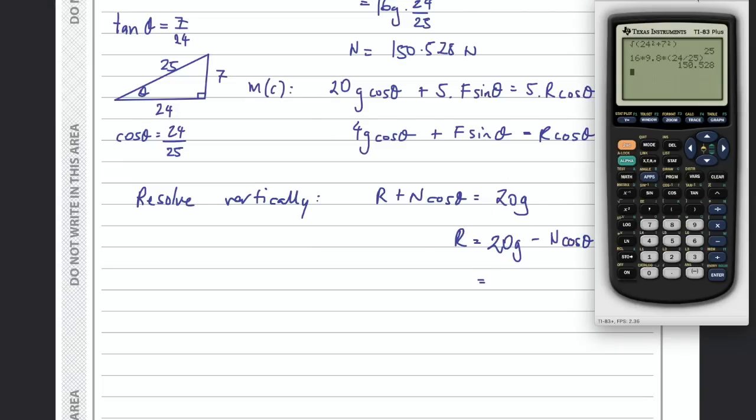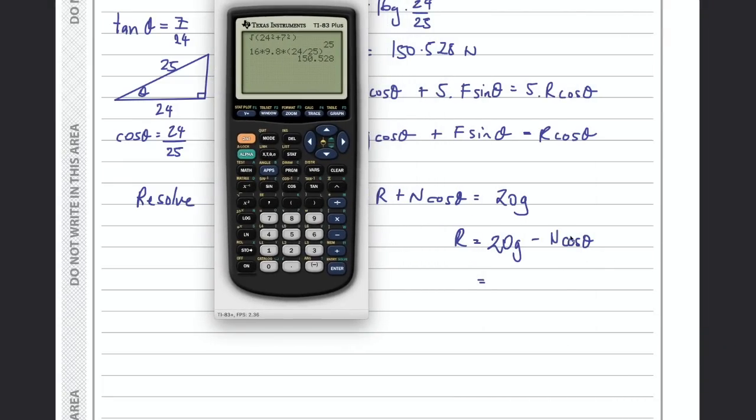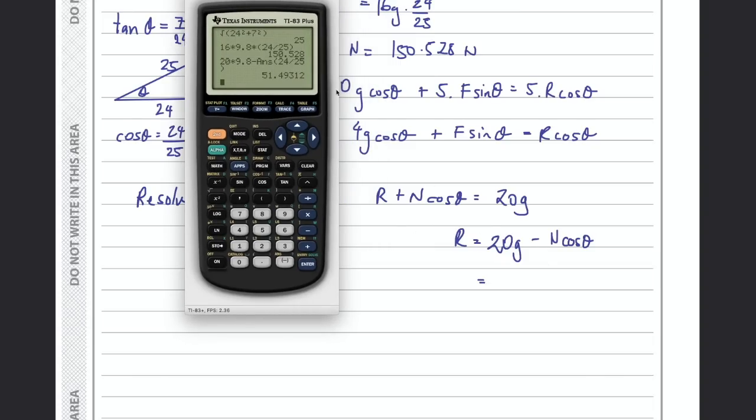I have my value of N here still on my calculator. Cosine of theta is 24 on 25, so this will be 20 times 9.8. Subtract that answer I had multiplied by 24 on 25. Okay, I get there a value for R of 51.49.